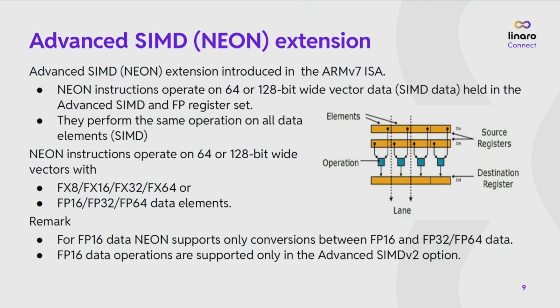NEON instructions operate on 64 or 128 bit wide vectors with fixed point 8, 16, 32 or 64 bit data, or floating point half precision 16 bits, floating point 32 bits single precision and floating point 64 bits double precision. Here on the figure you can see an example of SIMD data processing. For floating point 16 data, NEON supports only conversion between floating point 16 and floating point 32 and floating point 64 bits data.